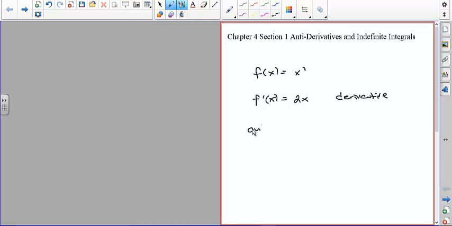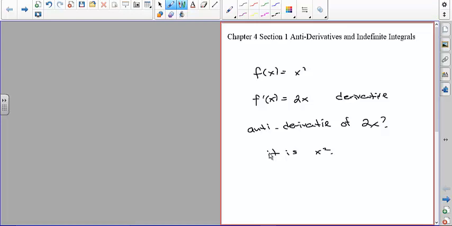If I said, what is the antiderivative of 2x, you'd say it is x squared, right? So the way you can ask this question is, what is the function whose derivative is 2x? And you'd say, oh, it's x squared, because if I take the derivative of x squared, I get 2x.